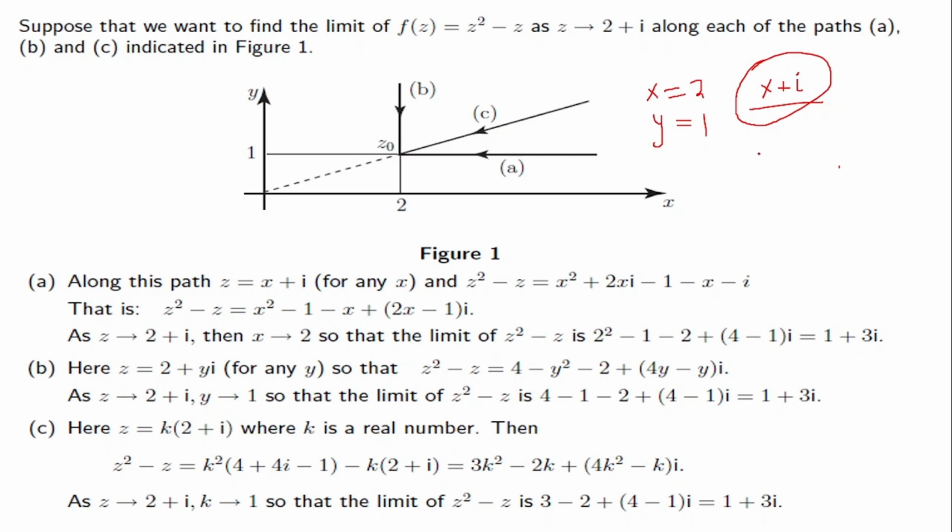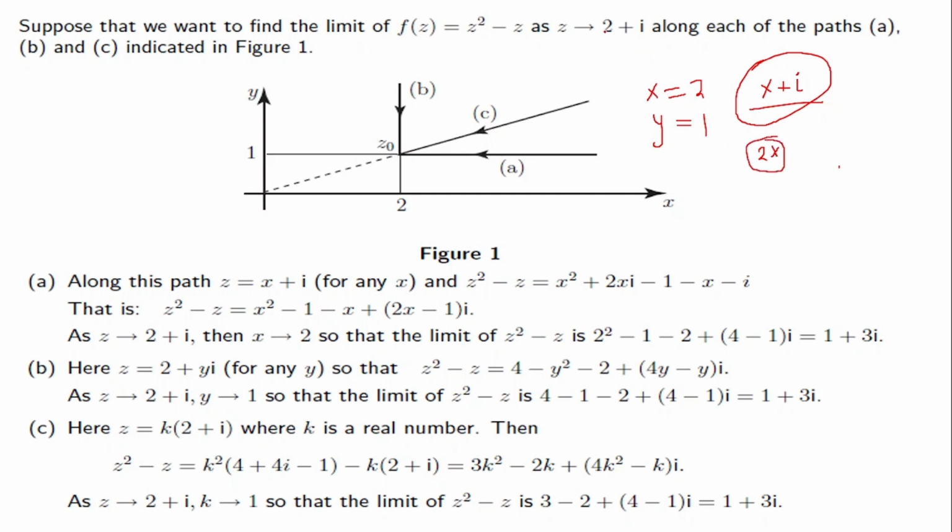Let's say it's going along Y. If it is going along Y, you leave X and touch Y. If it is along X, you leave Y, you touch X. That is how you do it. That's why I say it's a small trick you have to understand. I'll say it again. Along X, you remember there is 2 here, there is i here. So you replace this 2 by X. You are not going to say 2X.